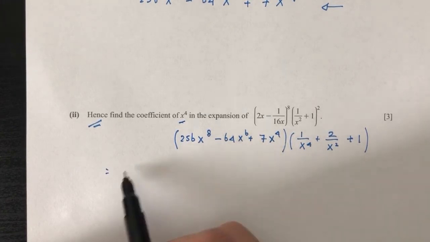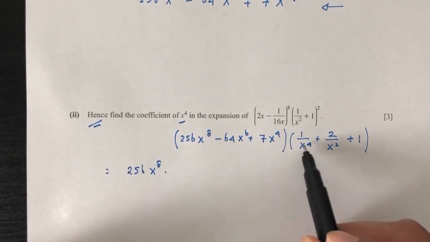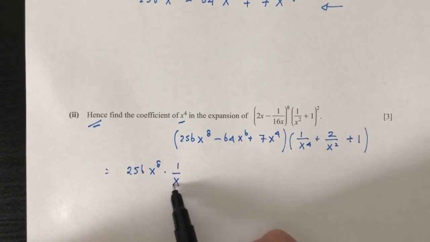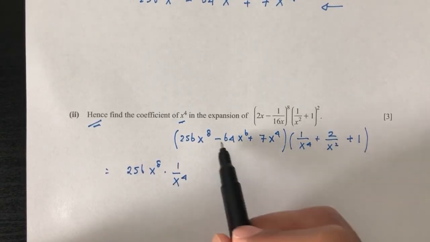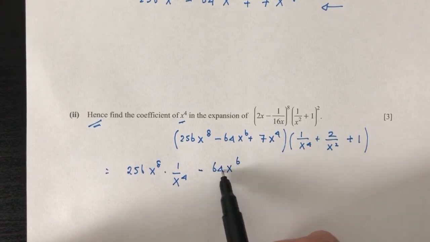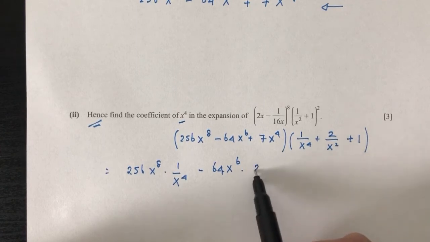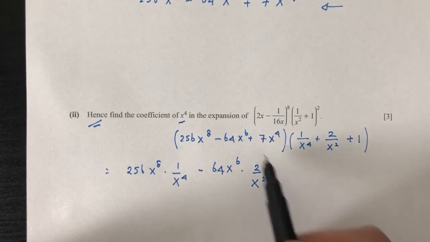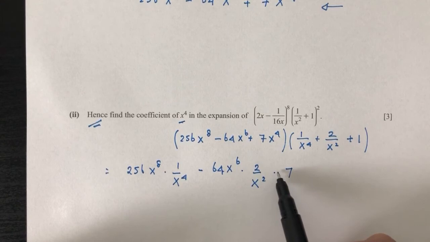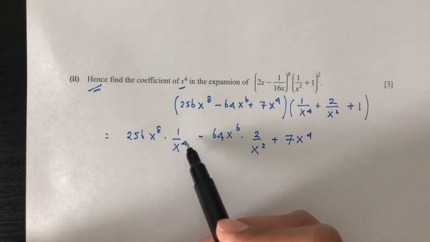To make this power 4, we have to multiply the first term against this one to make it x to the power 4. Now move on to the next one, minus 64 x to the power 6, and then we have to multiply by this one to make it x to the power 4. And the last one is just this one, plus 7x^4. So let's simplify.